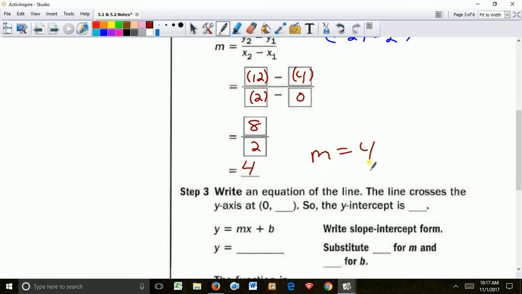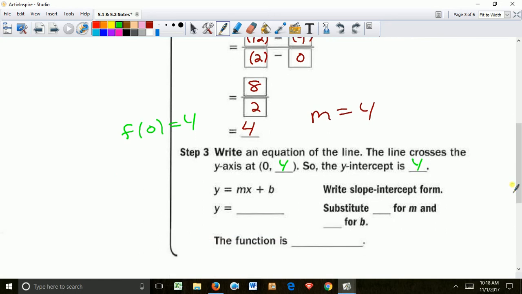Next, we can write the equation of the line. We do know the line crosses the y-axis at the point 0, 4. That was because we were given the information that f of 0 is equal to 4. So that is a y-intercept. The y-intercept is 4. So writing this in slope-intercept form, the value of the slope is 4.